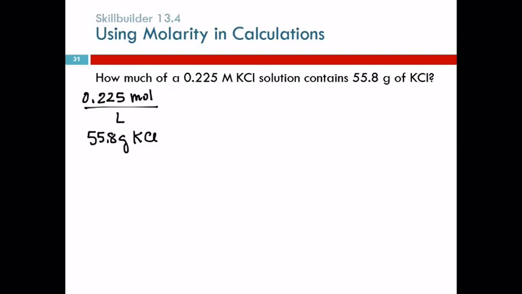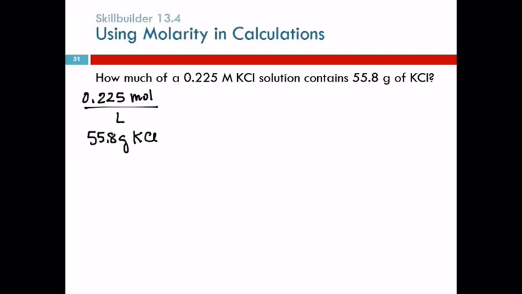Liters would be the easiest, right? Because here we've got the relationship between moles and liters. A solution is a liquid, and so a volume would be pretty easy to measure. So we're going to look for liters of solution.